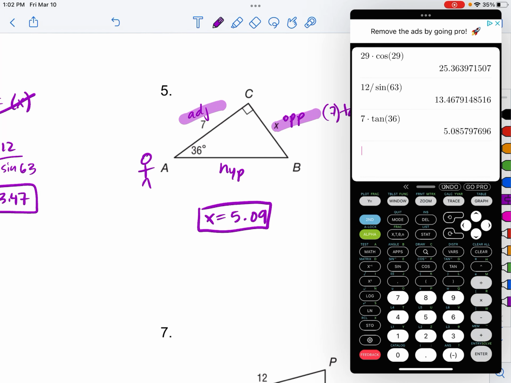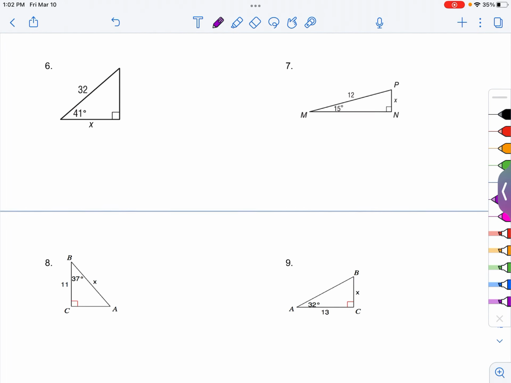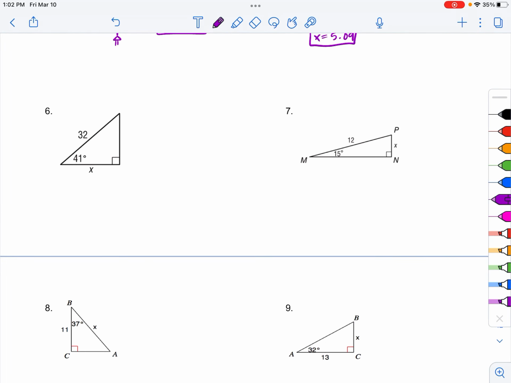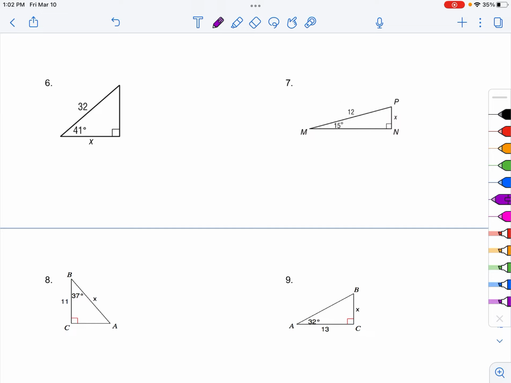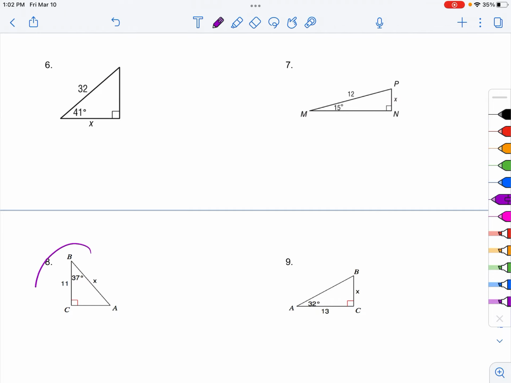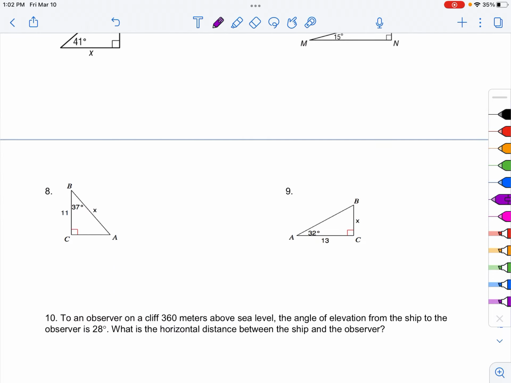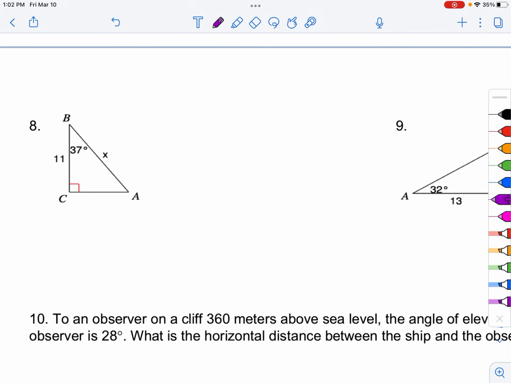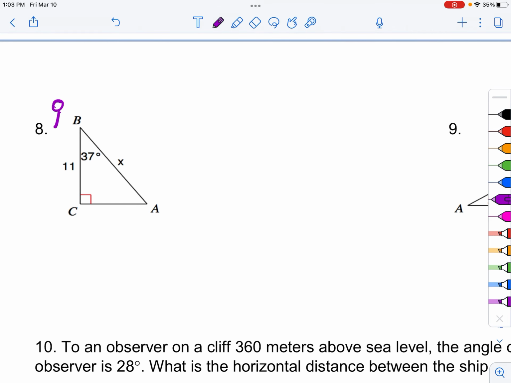Okay. All right. Let's try one more. Let's look at this one, number 8. So, number 8, here's our perspective.